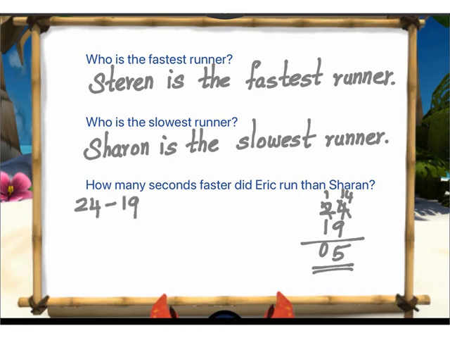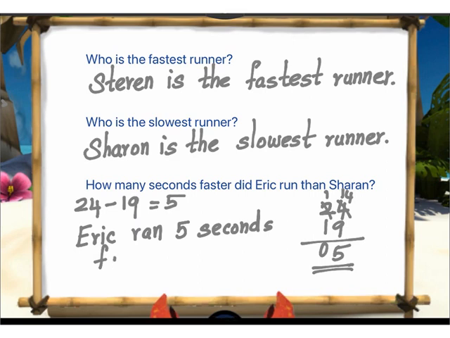We'll write the number sentence and then the statement. How many seconds faster did Eric run than Sharon? Eric ran 5 seconds faster than Sharon, period.